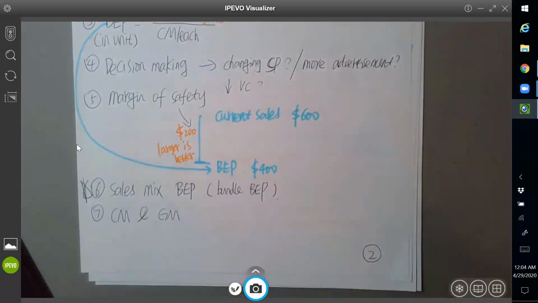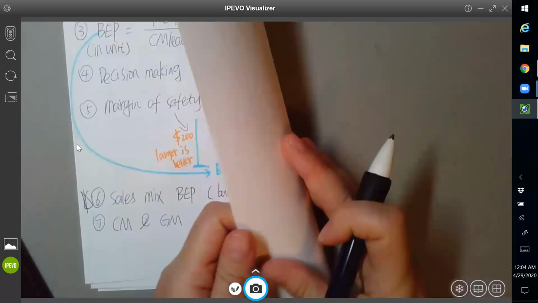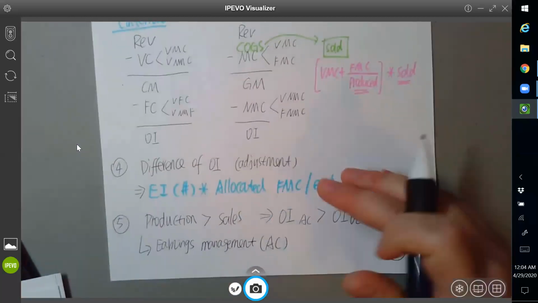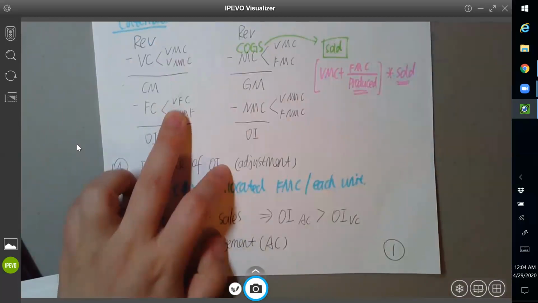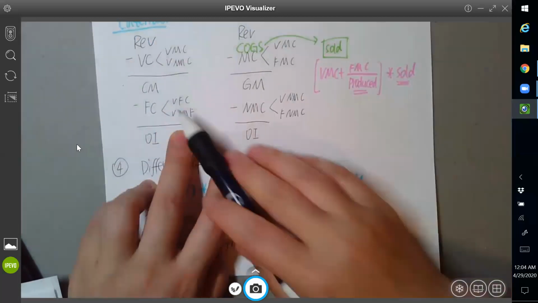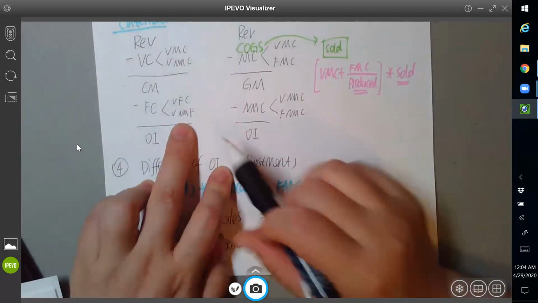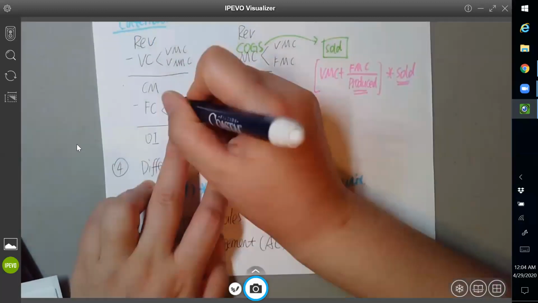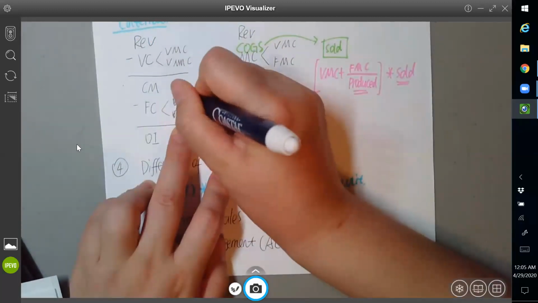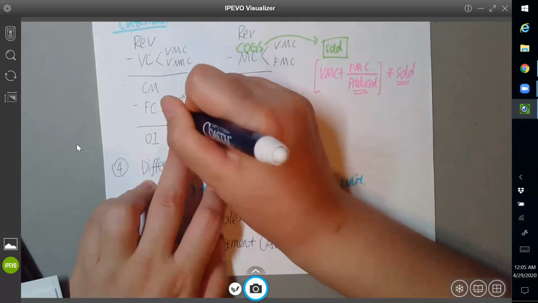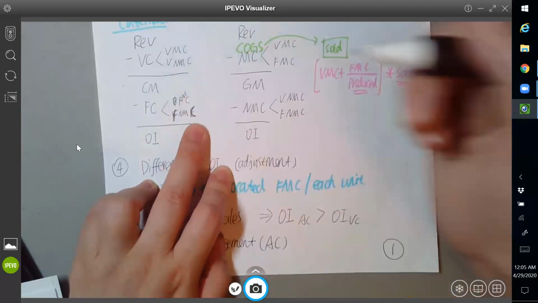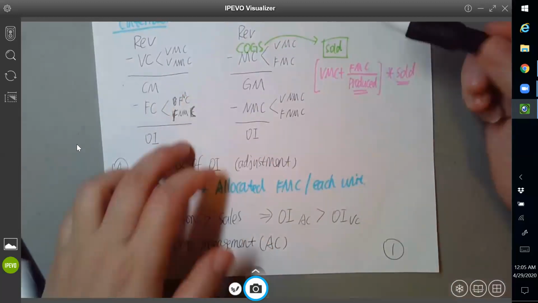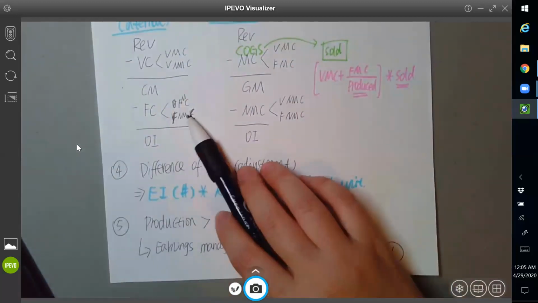Last thing is contribution margin and the gross margin. If you already did chapter 9, you should kind of know this. Let's say fixed manufacturing cost, and then fixed non-manufacturing cost. You know what I'm talking about?